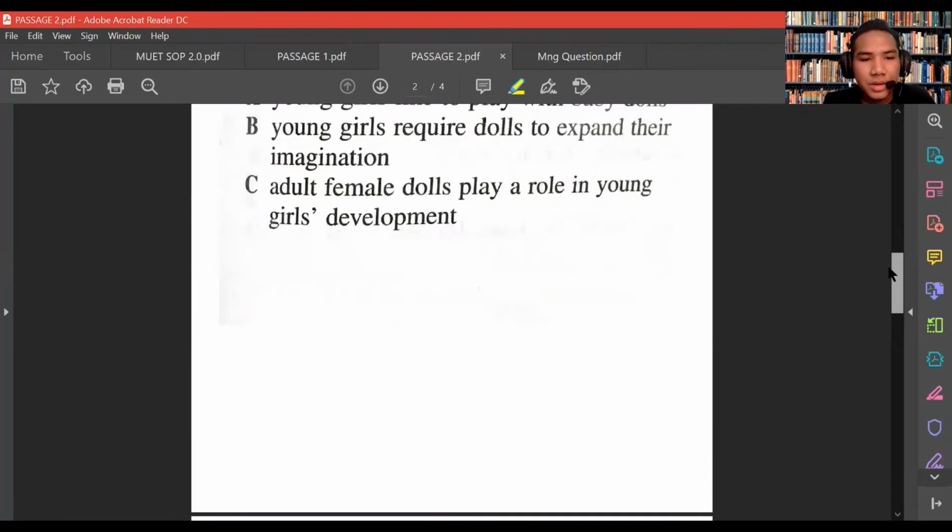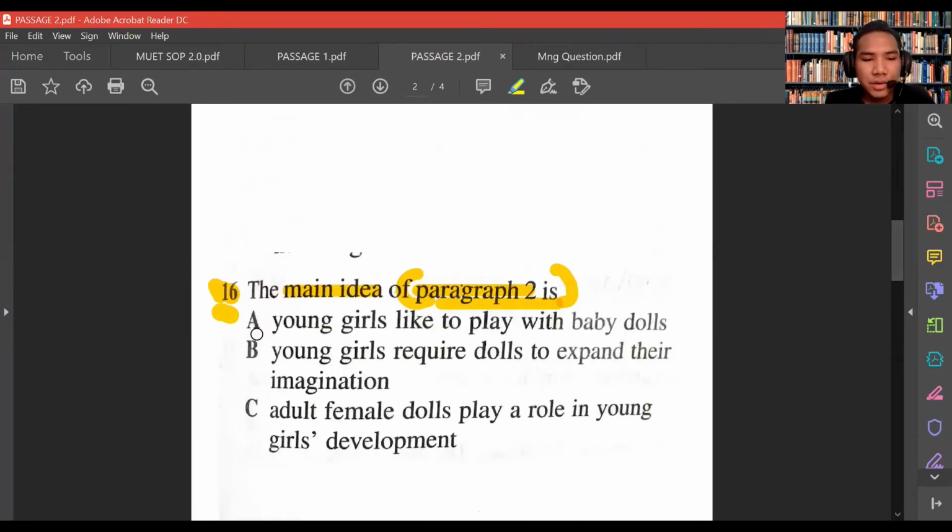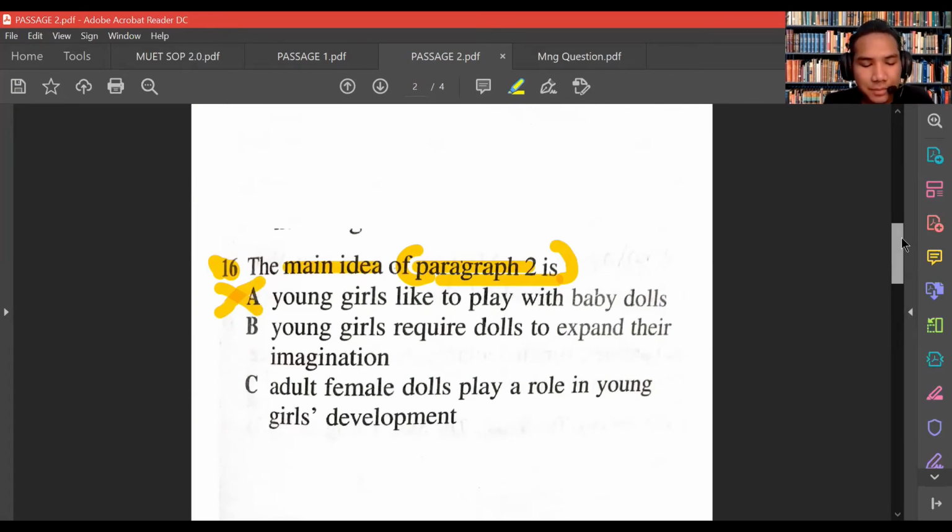Therefore, the answer A is totally wrong, as it mentions liking to play with baby dolls. So it is a contradiction.